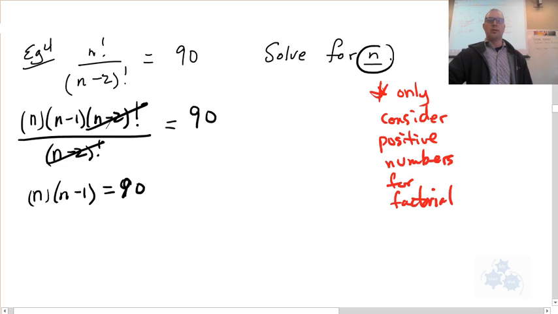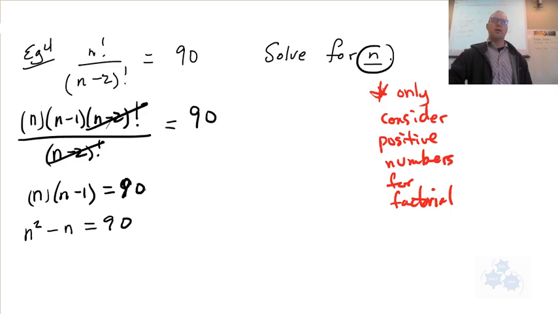Okay, we're getting close. Of course, we want to expand the left side, and we're going to have n squared minus n equals 90. In this example, we can't solve for n directly. Instead, we have to figure out another way to solve this, because we have two n terms.